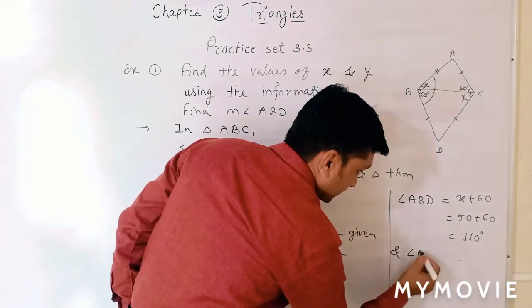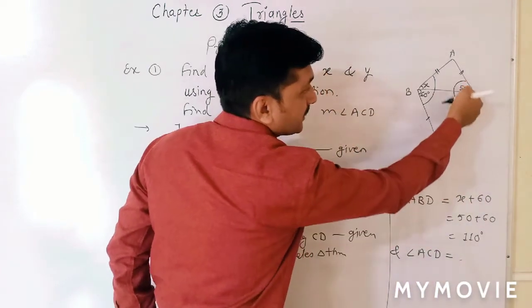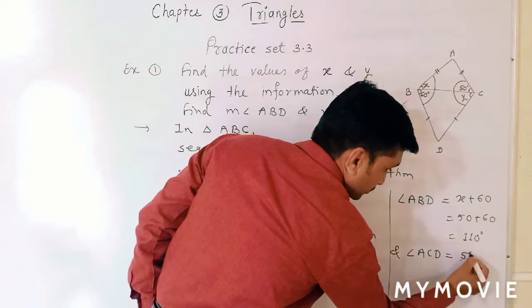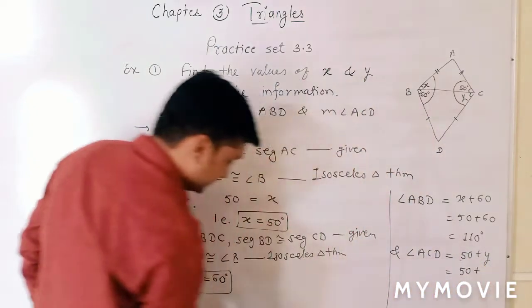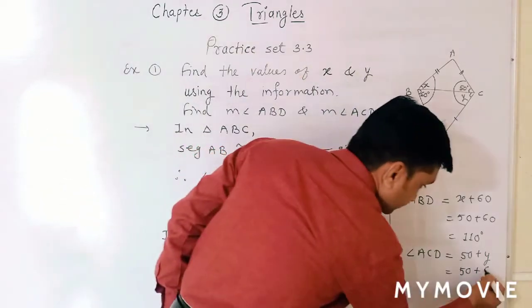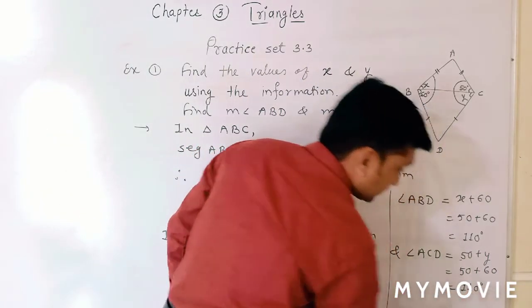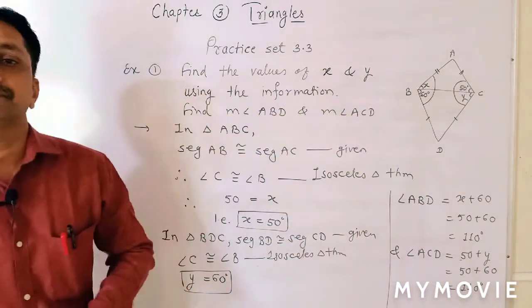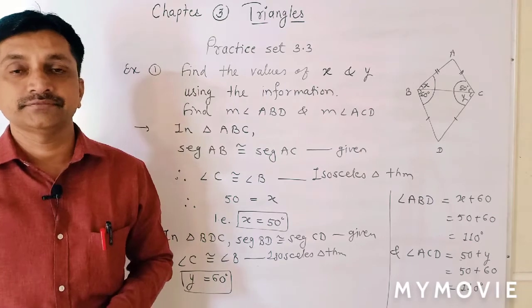And angle ACD we also want. Angle ACD is obtained by adding these two, 50 plus y, which is 50 plus 60, and this angle is also 110 degrees. Both angles are congruent, each 110 degrees.